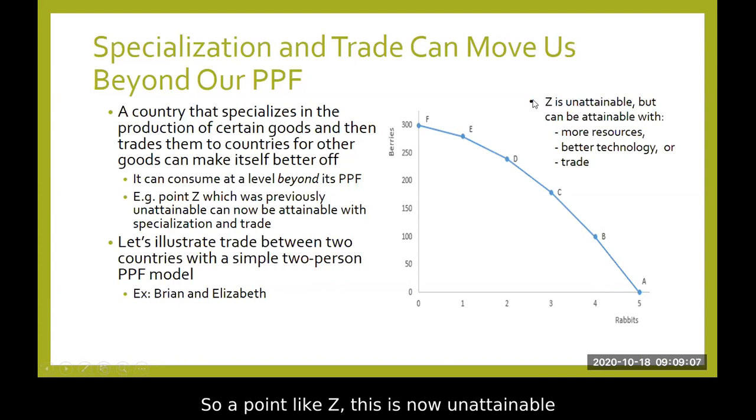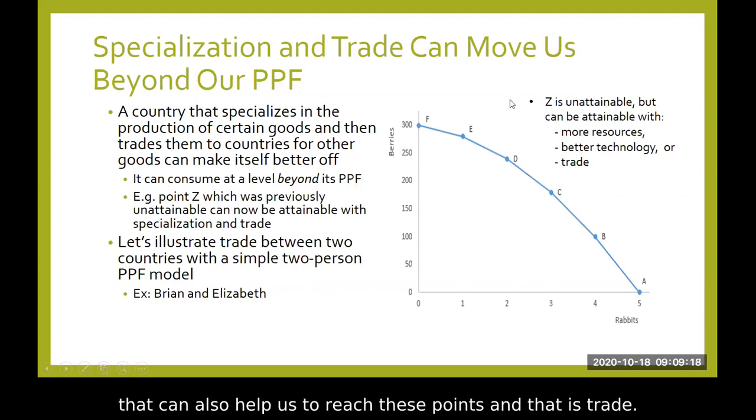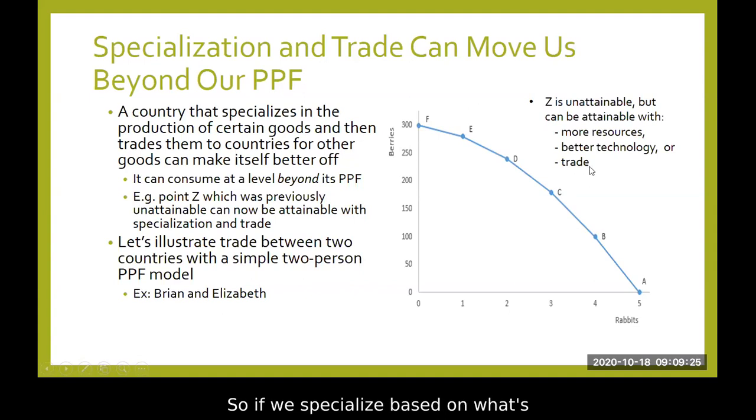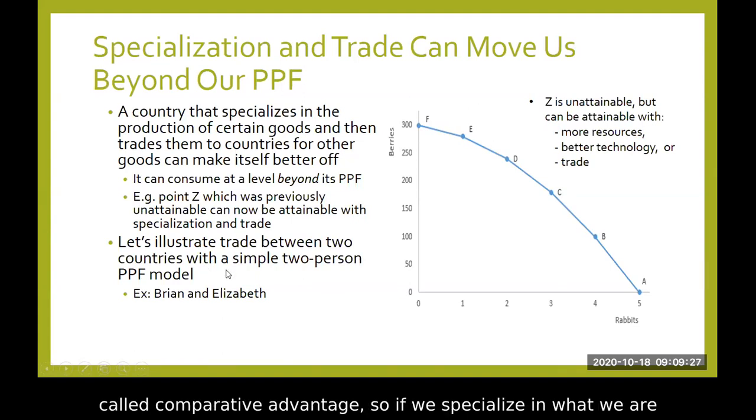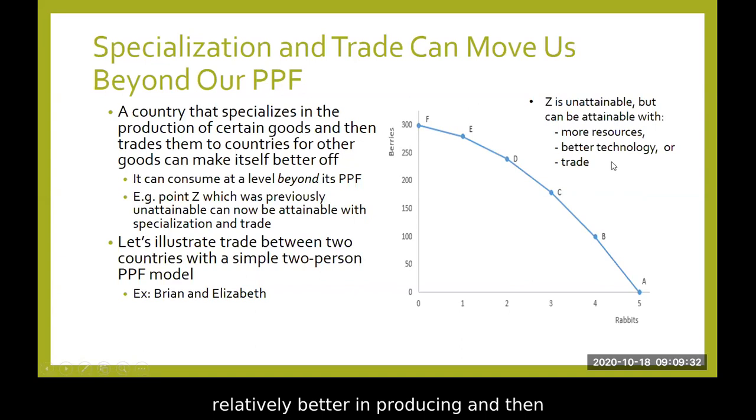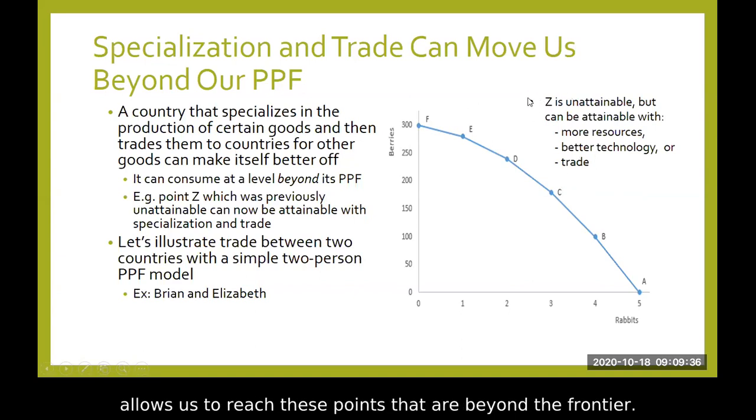At a point like Z, this is now unattainable, but it could become attainable if we had more resources or better technology. And there's actually a third factor that can also help us reach these points, and that is trade. If we specialize based on what's called comparative advantage, so if we specialize in what we are relatively better in producing and then trade with one another, that also allows us to reach these points that are beyond the frontier.